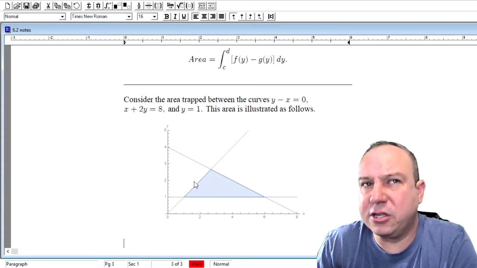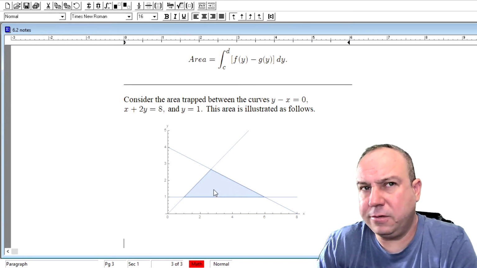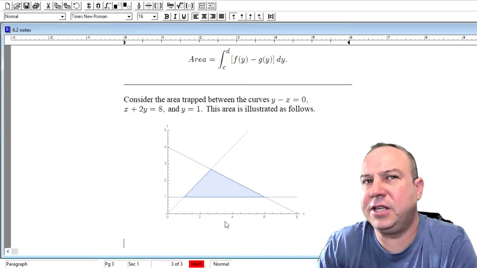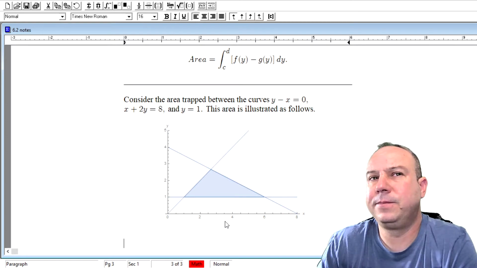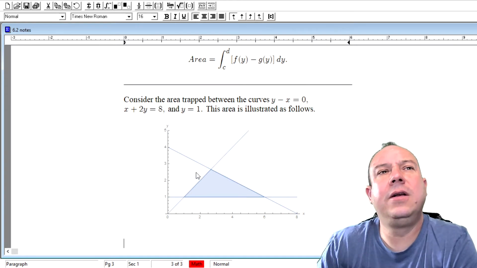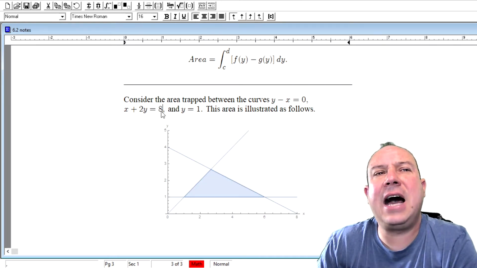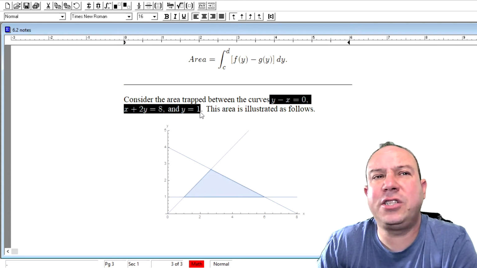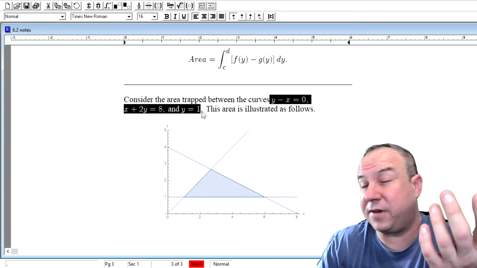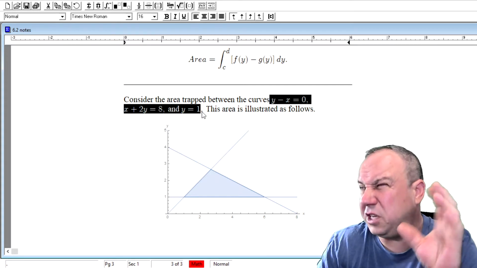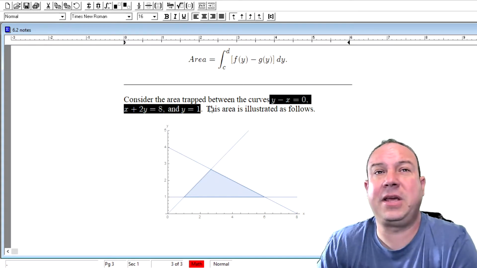It would be this triangular region seen right here in this space, where the equations defining this region aren't truly curves. They're more linear in their behavior.